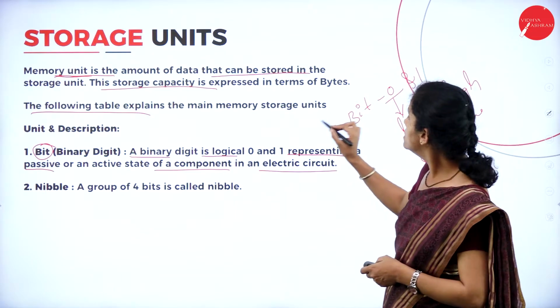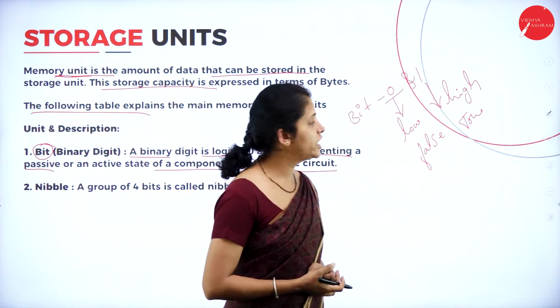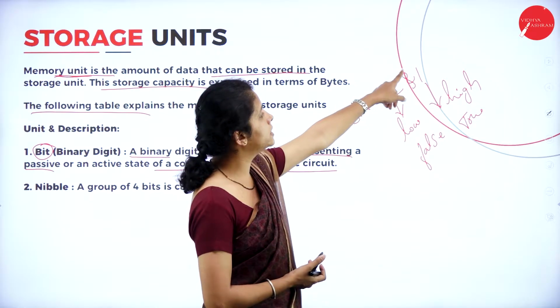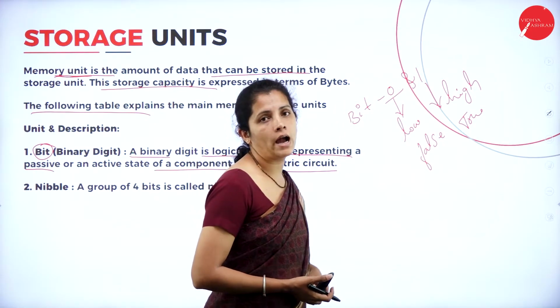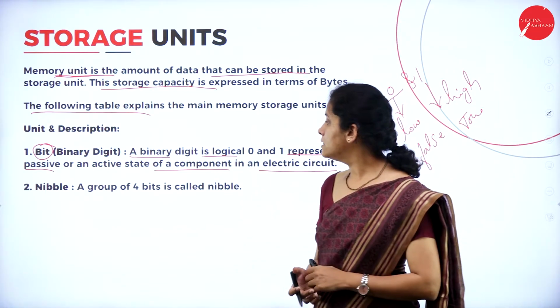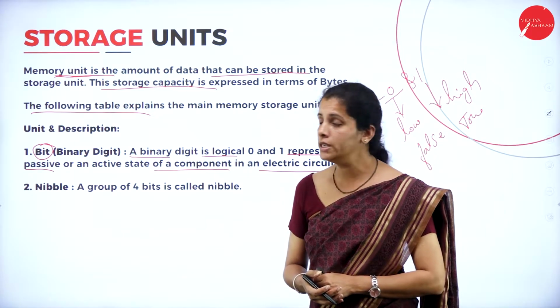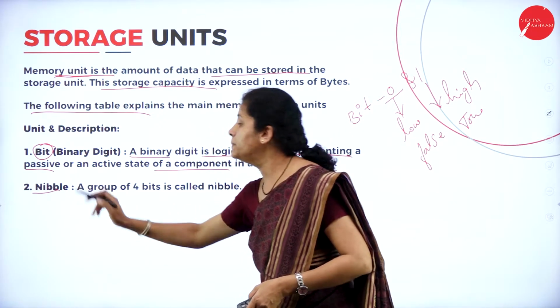So here 0 is nothing but low signal or low voltage, and 1 is nothing but high signal or high voltage or true value. Now I'm going to have my next storage unit, the nibble.